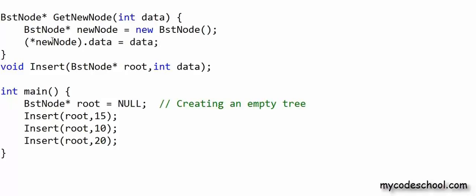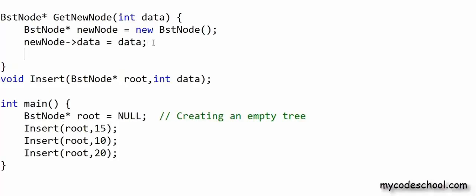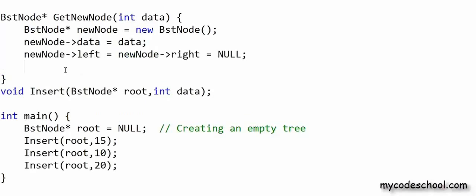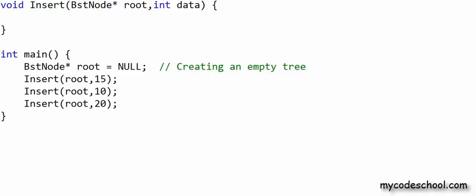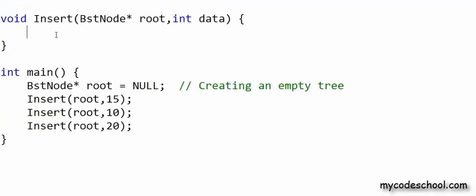Instead of writing asterisk newNode dot data, we have this alternate syntax that we could use. We could simply write newNode arrow data, and this will mean the same. We have used this syntax quite a lot in our lessons on linked list. Now for the new node, we can set the left and right child as null, and finally we can return the address of the new node. Okay, coming back to the insert function, we can have a couple of cases in insertion.